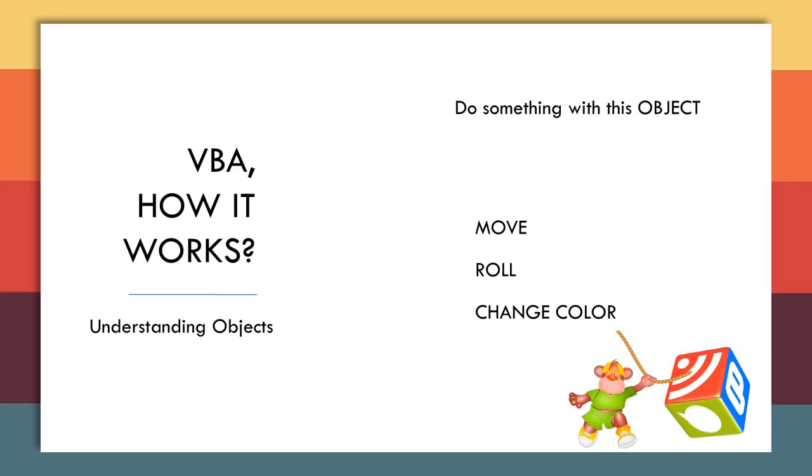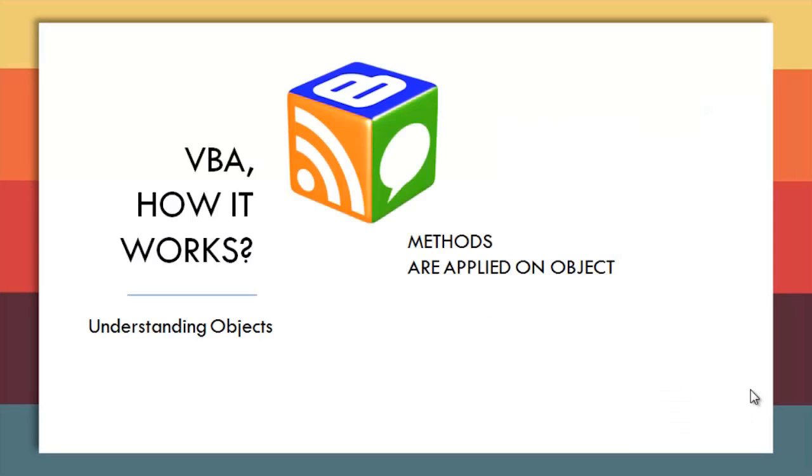Every object has its own way of doing actions upon it. For example, if I want to move this object down, I have to press from the top. If I want to move this object up, I have to press from below. So every object has its own way of doing actions with it. I would call these methods.